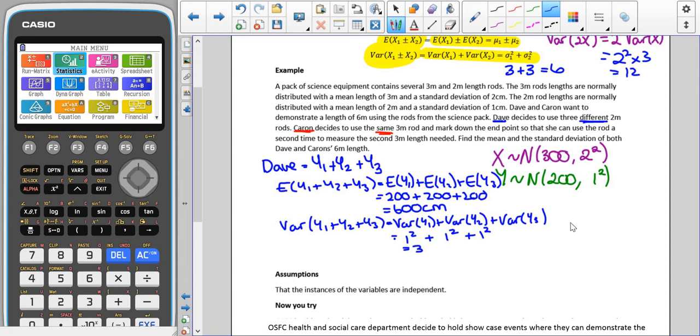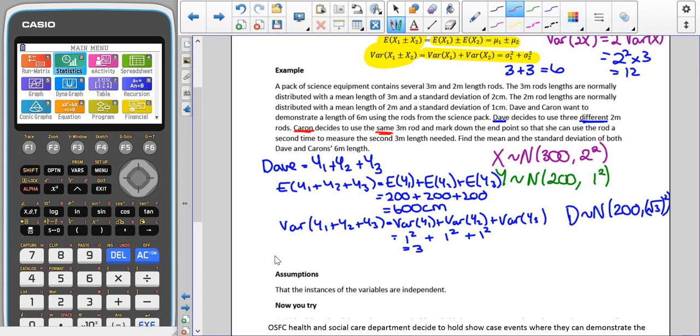So Dave's 6 metre rod is going to follow a normal distribution with a mean of 600 and a standard deviation of √3, because it's asking us to find the mean and standard deviation.